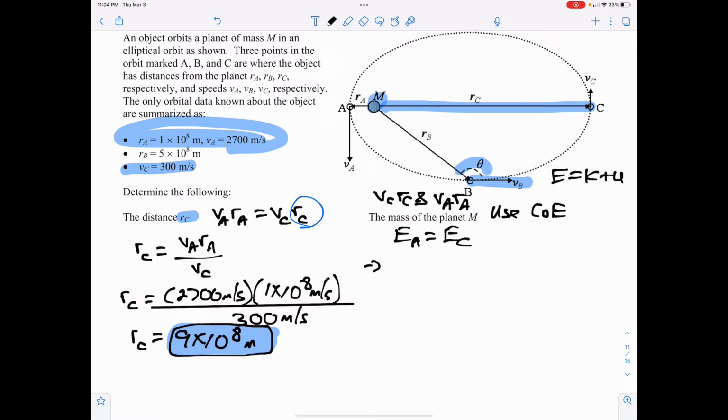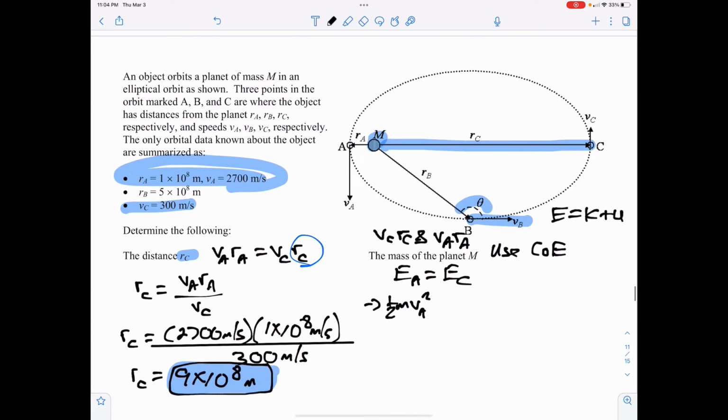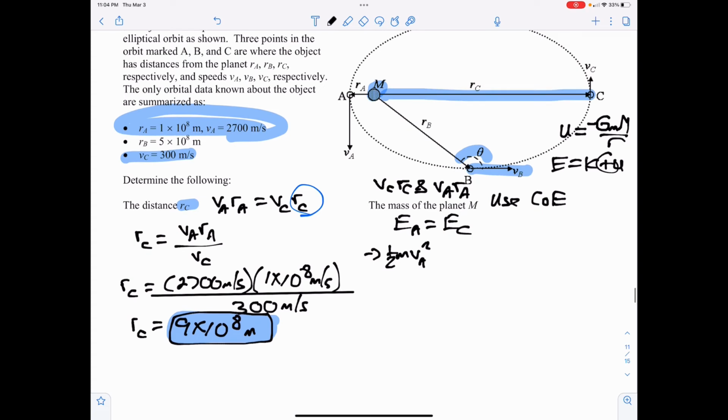So let's try this. We have the kinetic energy, which is 1/2 m times VA squared. Now, also recall that your gravitational potential energy is negative big G, little m, big M over R. So when we're adding, you're really subtracting that negative potential energy.